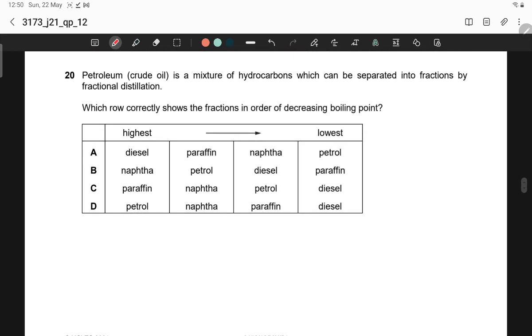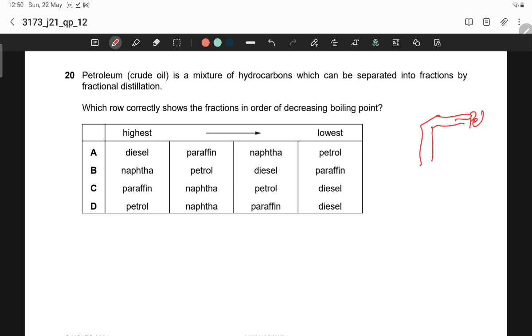Question number 20. Petroleum crude oil is a mixture of hydrocarbons which can be separated into fractions by fractional distillation. Which row correctly shows the fractions in order of decreasing boiling point? Diesel. So this is the fractional distillation.